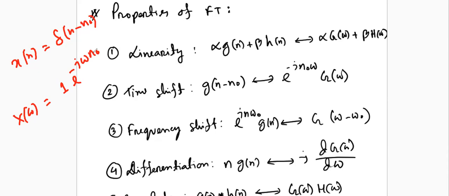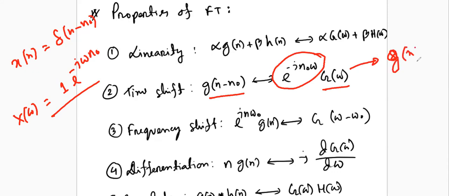By knowing this fact, we can understand that if the sequence is shifted by n0 samples, we get this multiplied with the value of G(omega), where G(omega) actually came from g[n]. The Fourier transform of g[n] is capital G(omega). Okay.